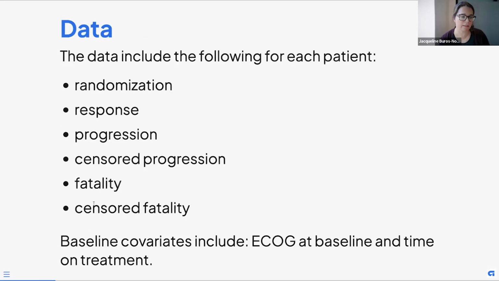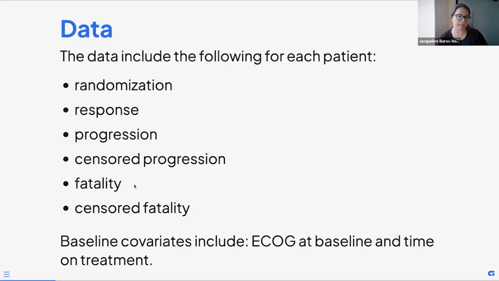So the data includes a number of states for each patient. We have the initial state, which here I'll call randomization. There's a treatment response, which is based on the longitudinal SLD data. There's a disease progression indicator. There's an indicator for the censoring of progression data, an indicator for fatality, and an indicator for censoring of fatality.